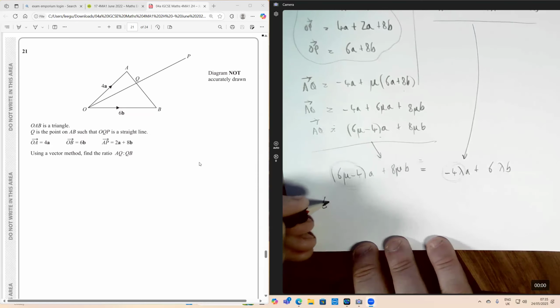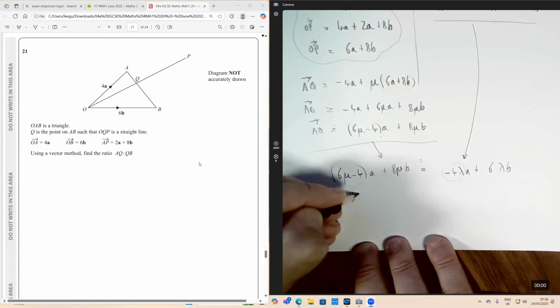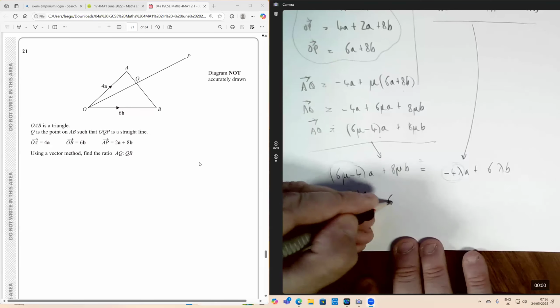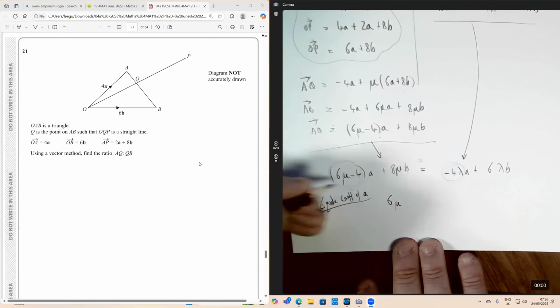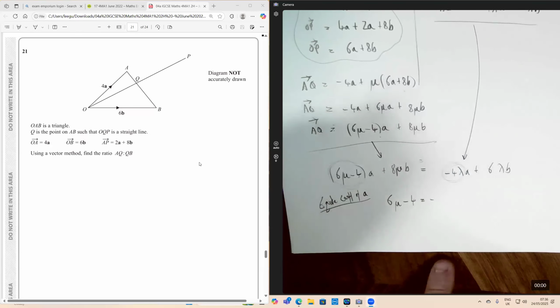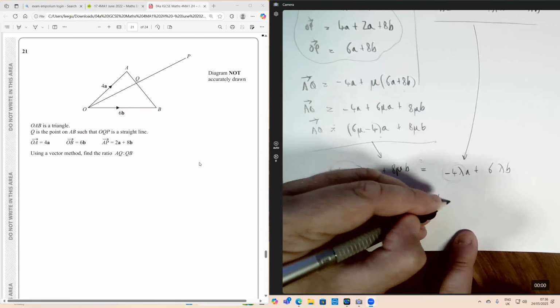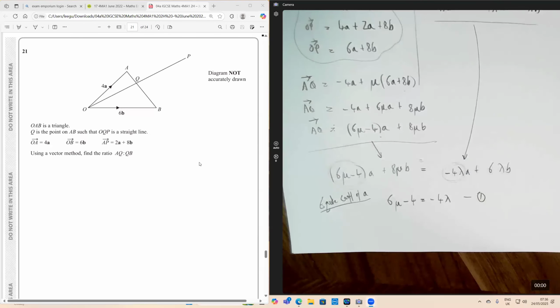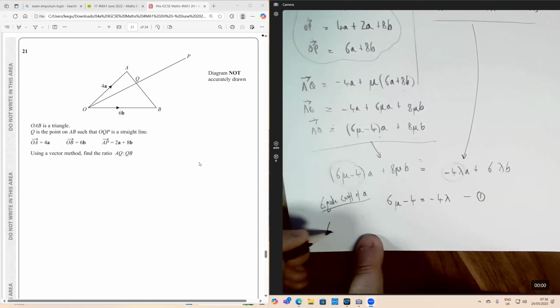So if I equate coefficients of a, that means that 6 mu minus 4 is equal to minus 4 lambda. So that is an equation. I'm going to call that one equation 1. I'm now going to do the same thing.